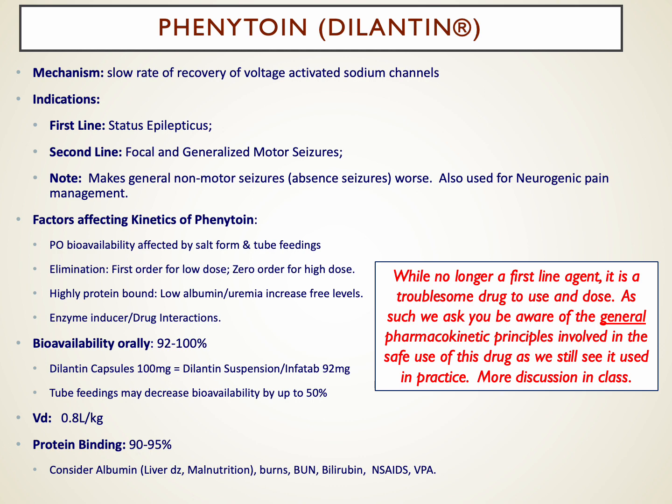And it actually makes generalized non-motor seizures like absence seizures worse. Occasionally also used for neuropathic pain. So let's look at some of the factors that affect kinetics of phenytoin, which make this a really complicated drug to use. There are different oral formulations of phenytoin. There is a suspension, there is a tablet, there are capsules.